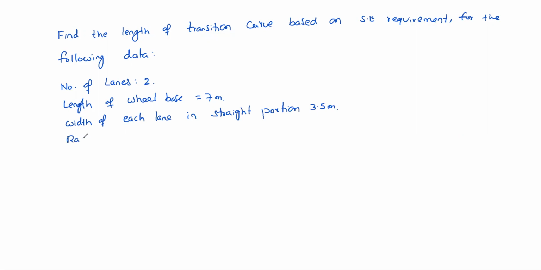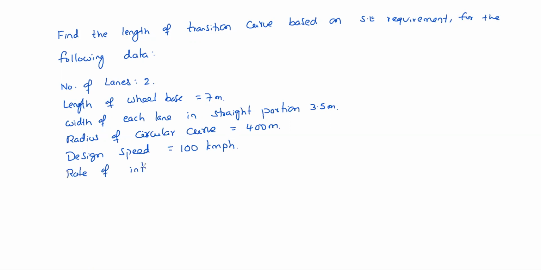Radius of circular curve equal to 400 meters. Design speed 100 kmph. Rate of introduction of superelevation equal to 1 in 120.